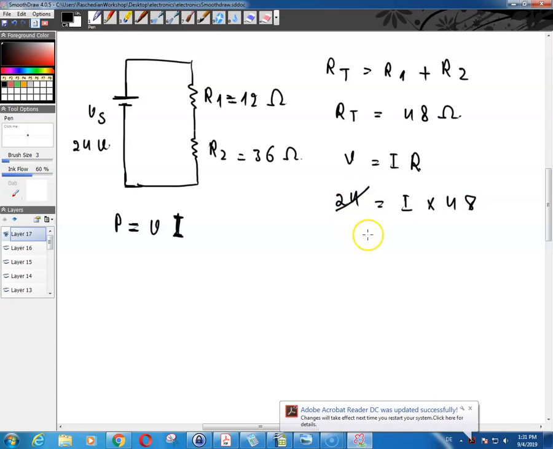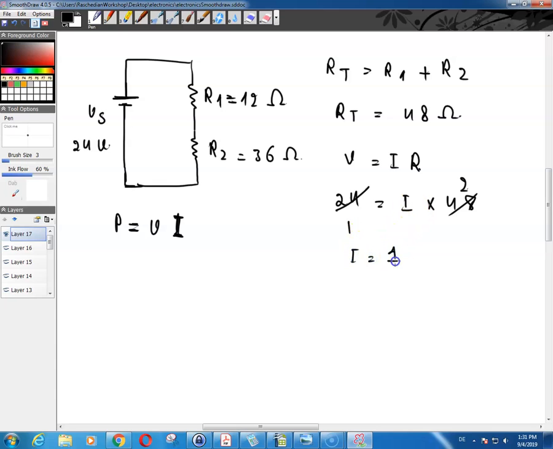So I is equal to 24 over 48, which is 1/2 amps. So your I is equal to 1/2 amps.